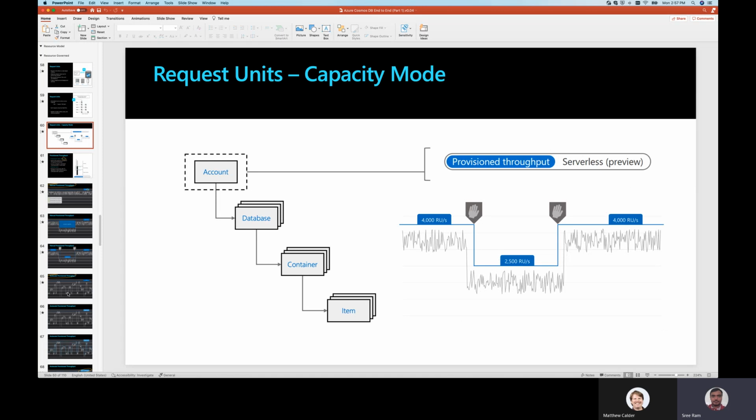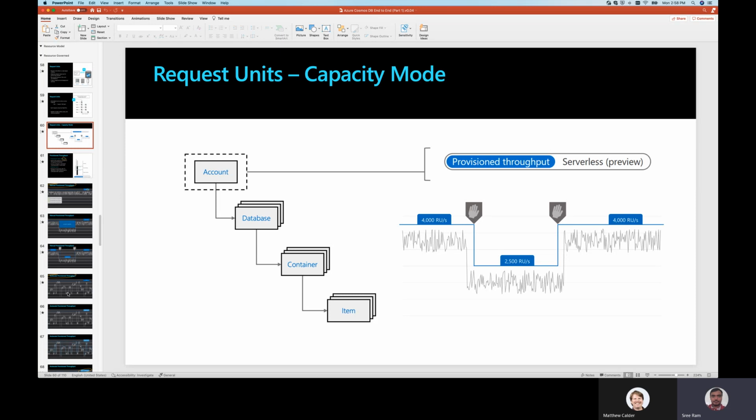Since RUs are so important, let's talk about what they are and how they are used. So at the account level, we provision RUs using something called provisioned throughput or serverless. First, let's talk about provisioned throughput. A provisioned throughput says that, hey, I need a certain number of RUs per second, right?